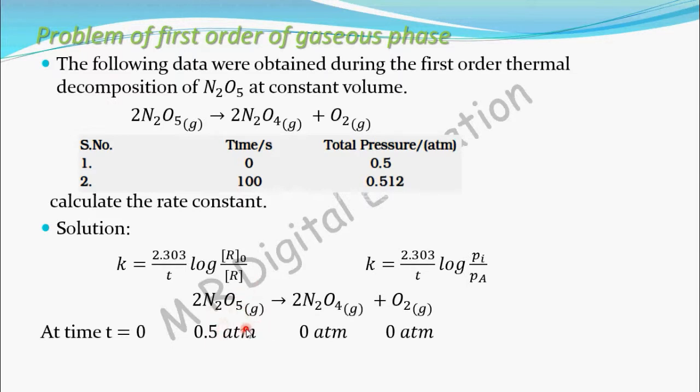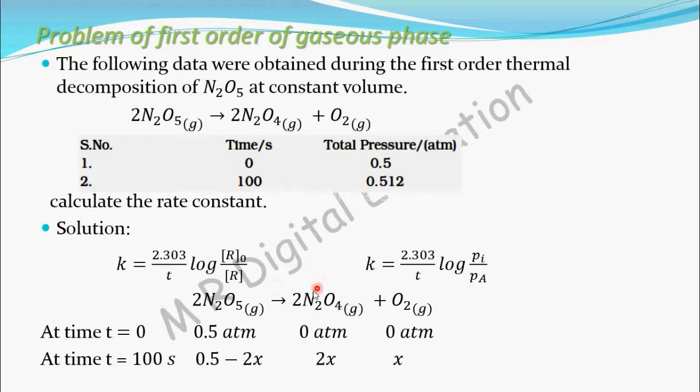0.5 atmosphere. After some time t, at time t equal to 100 seconds, suppose you don't know how much the pressure of N2O5 has decreased. Let's say 2x amount of pressure of N2O5 is decreased. Why 2x? Because two molecules are here, so 2x amount of pressure of N2O5 decreased. Correspondingly, 2x amount of pressure of N2O4 will be increased.